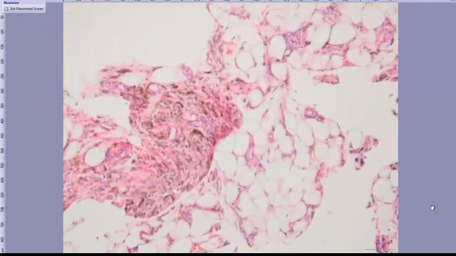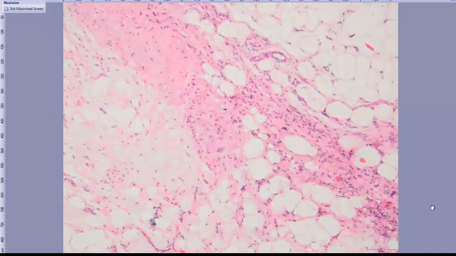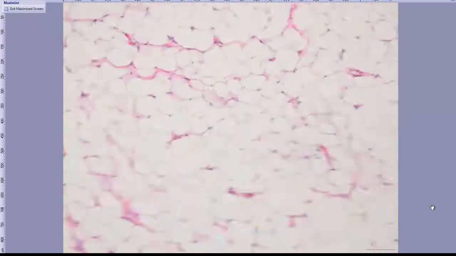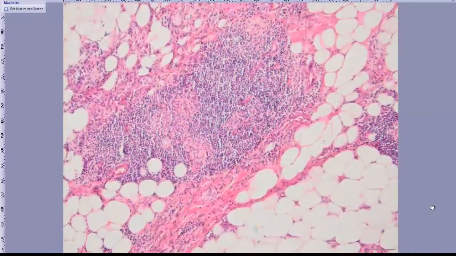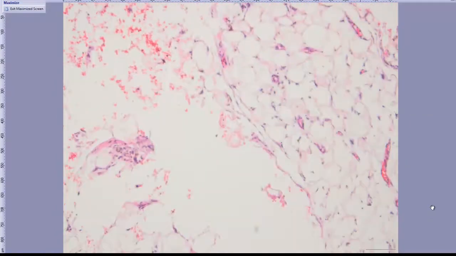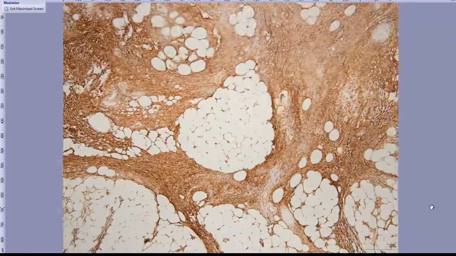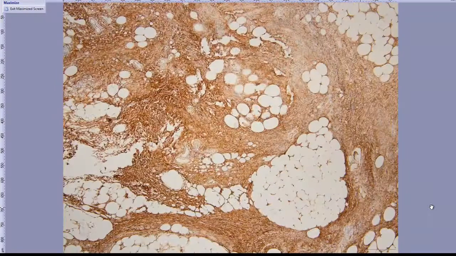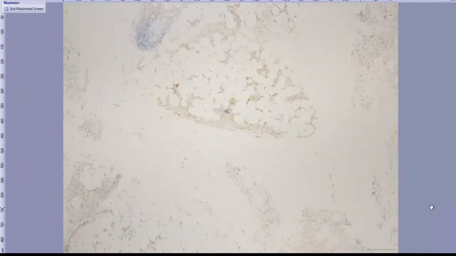the morphologic features of hemosiderotic fibrolipomatous tumor. And the whole thing is positive for CD34, as we see here, while S100 and cytokeratins are negative.